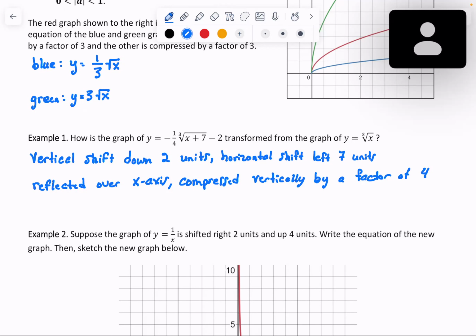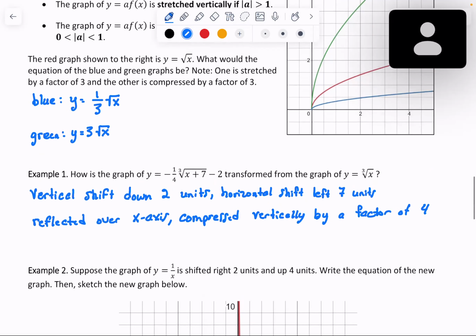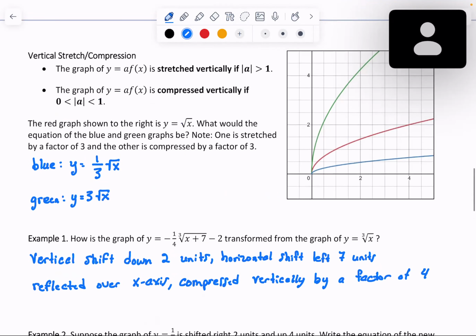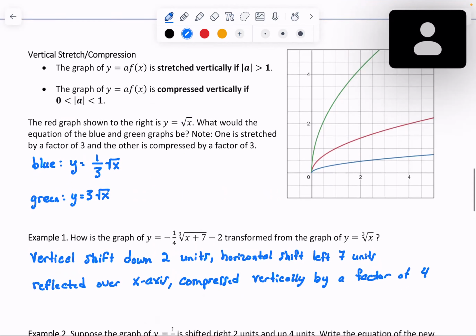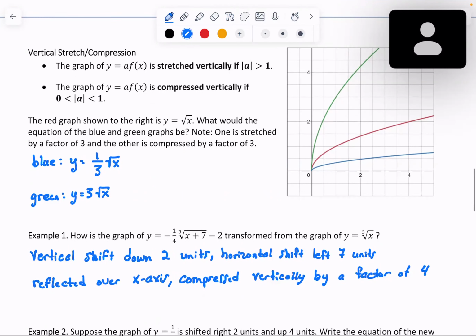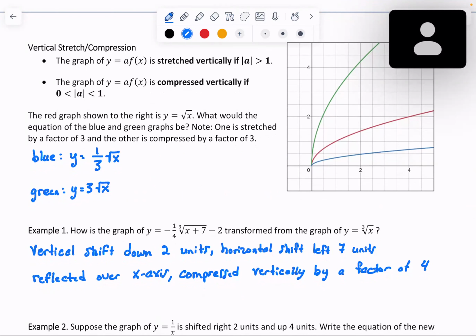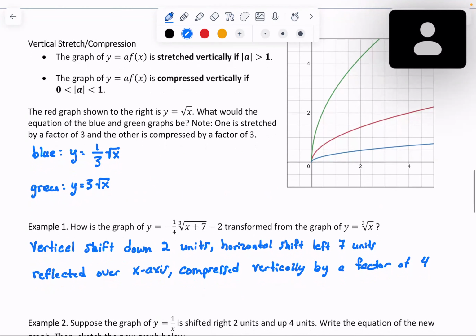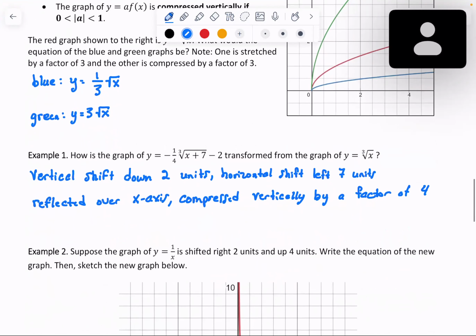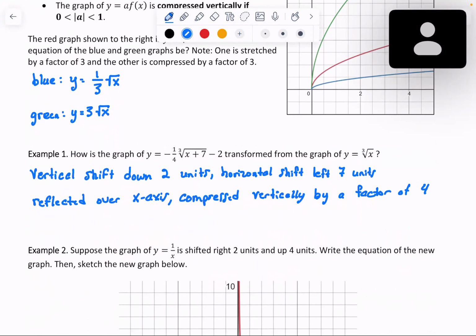Whenever we say it's compressed, then automatically a is between 0 and 1. So when we say by a factor of 4, it's implied that it's actually just a fourth out in front of it. So that's all of the shifts, stretches, and compressions for this function here.